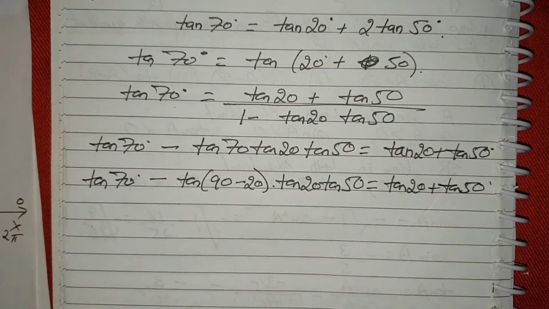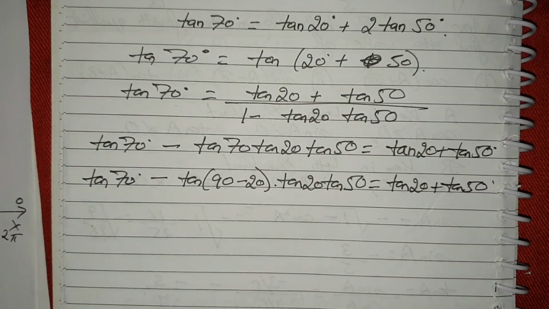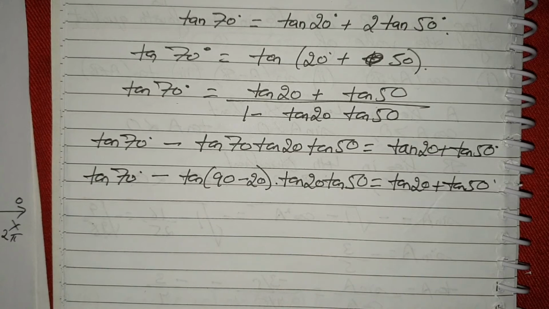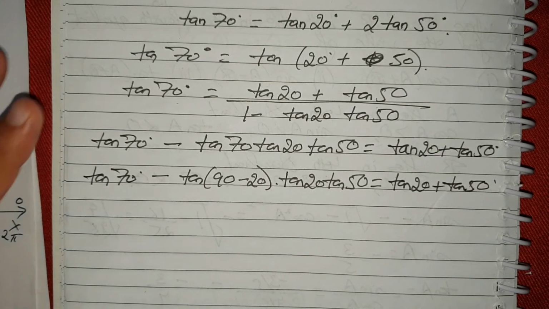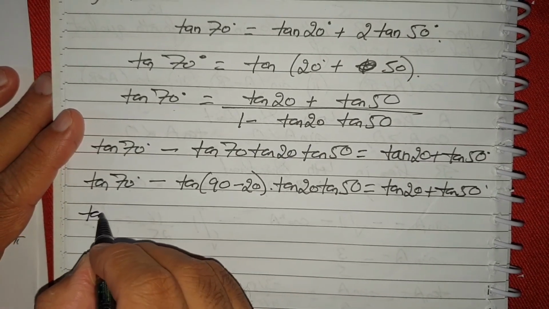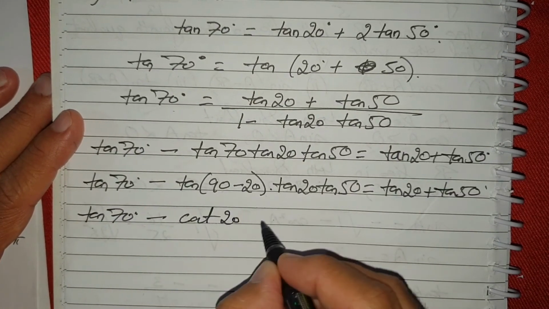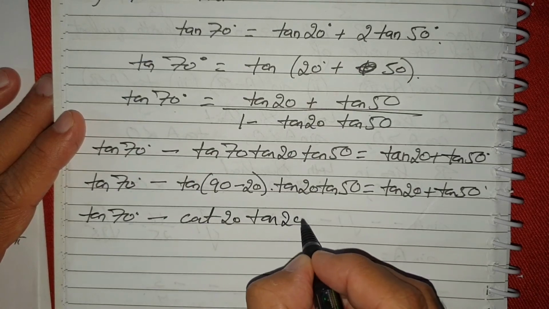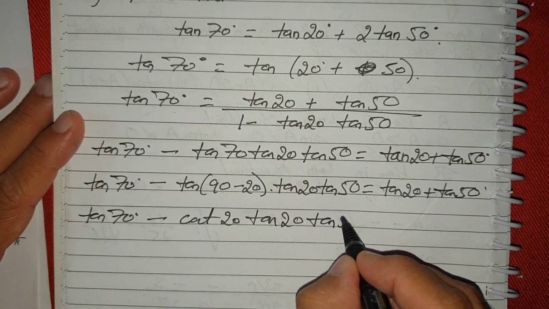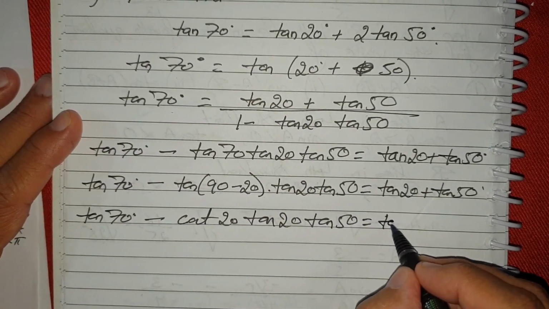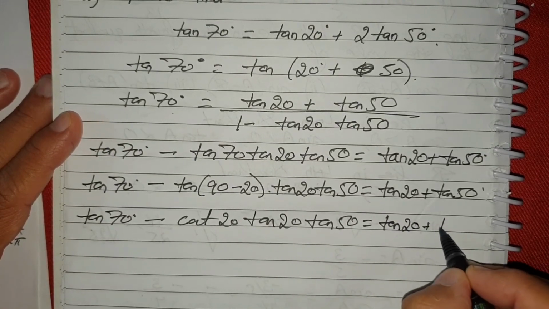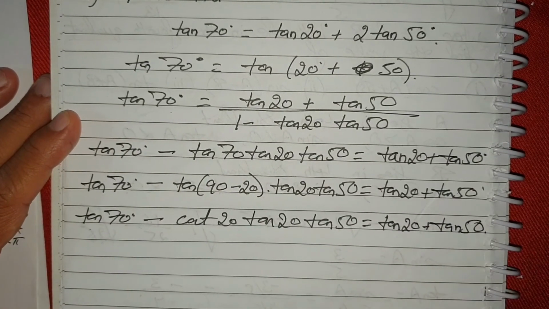Now tan(90-20), 90 minus 20 is in the first quadrant, and with 90 the tan will change to cot. This will be cot 20. So writing again the whole thing: tan 70 minus cot 20 tan 20 tan 50 equals tan 20 plus tan 50.